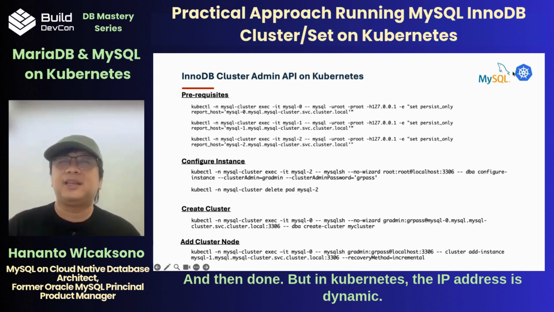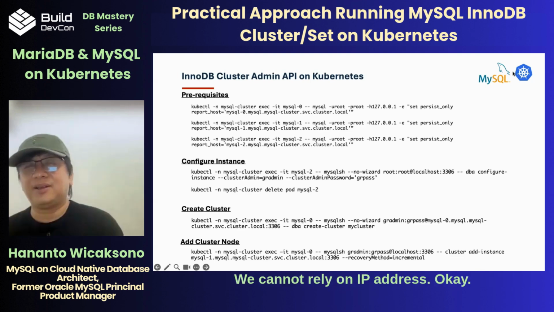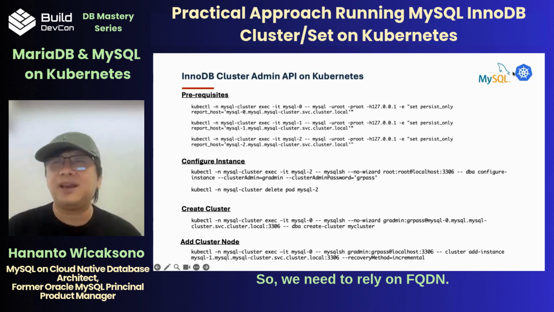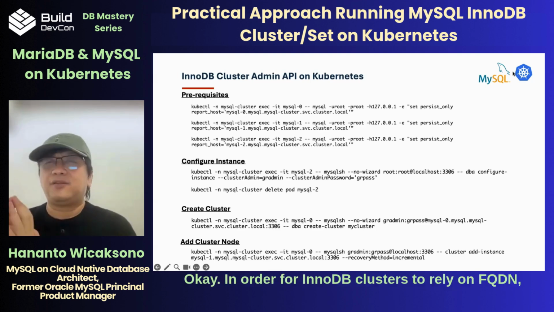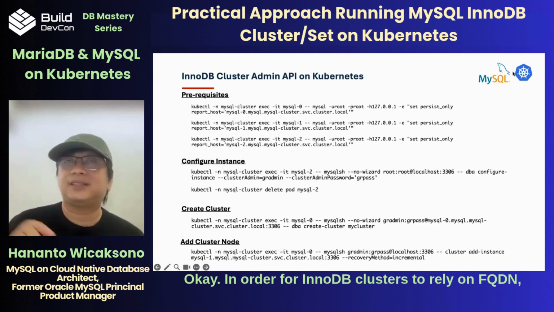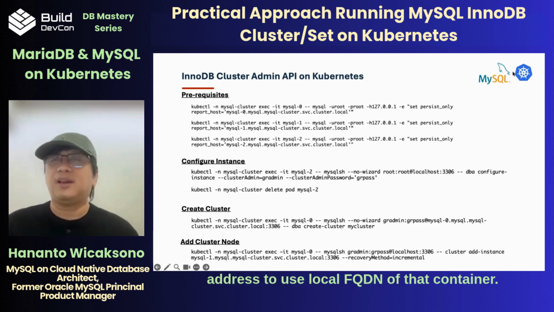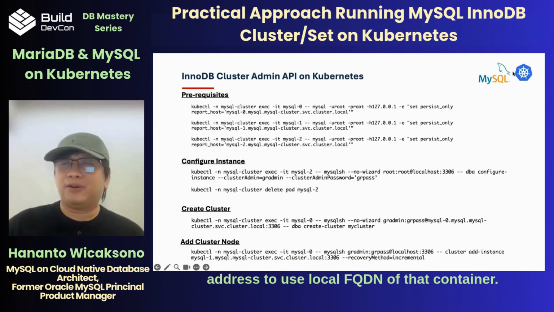But in Kubernetes, the IP address is dynamic. We cannot rely on IP addresses, so we need to rely on FQDN. In order for InnoDB clusters to rely on FQDN, we need to set the group replication local address to use the local FQDN of that container.